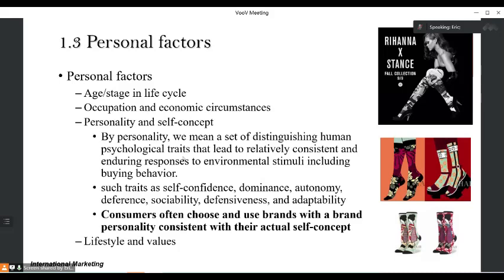Maybe we can call it self-confidence, dominance, autonomy, deference, sociability, defensiveness, and adaptability. Okay, it's like a psychological matter. So everyone has a different personality.